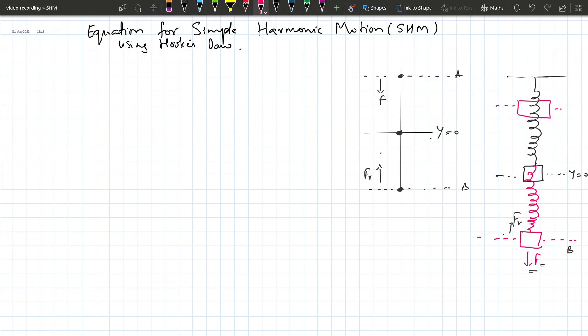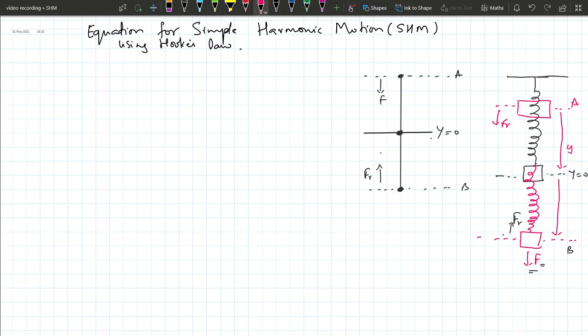Once it reaches the point A, the spring gets squeezed, therefore a restoring force is also generated at this point. Again, the restoring force is proportional to the displacement generated from the equilibrium. So this is the point of equilibrium.